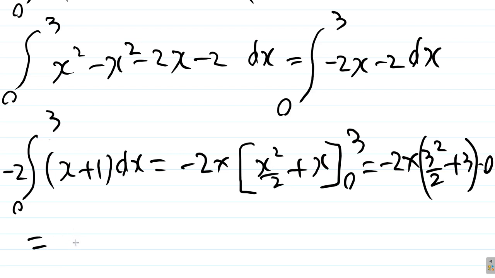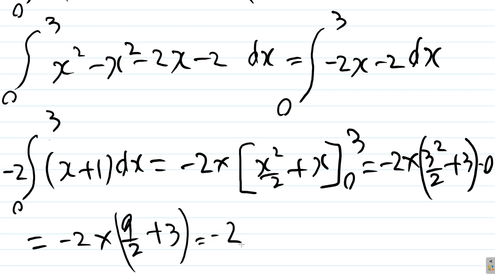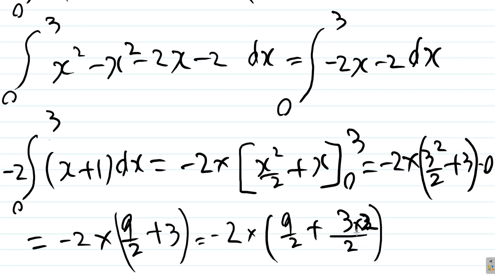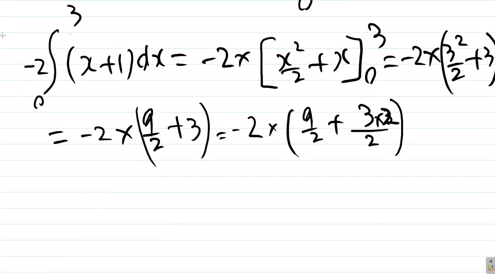So that amounts to negative 2 times 9 over 2 plus 3. What's 9 over 2 plus 3? It's 9 over 2 plus 2 times 3 over 2, using common denominators, multiplying both top and bottom by 2.